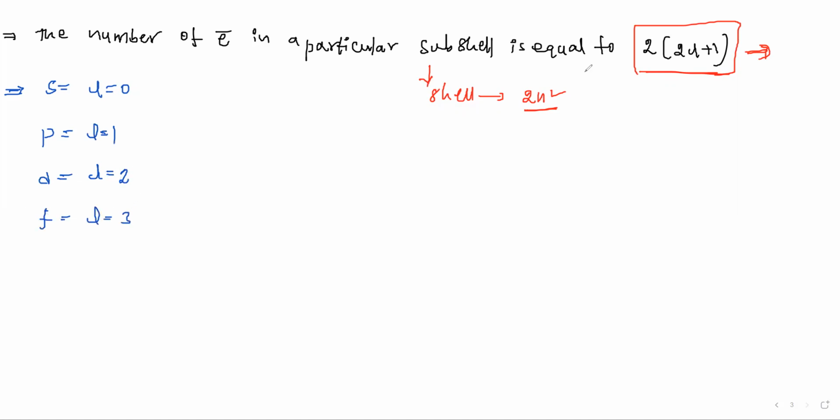If you substitute these all in this formula, we get the maximum number of electrons in s subshell: 2 into 0 plus 1, so total 2 electrons. Here after substituting, we get 6 electrons. Here we get 10 electrons. Here we get 14 electrons.